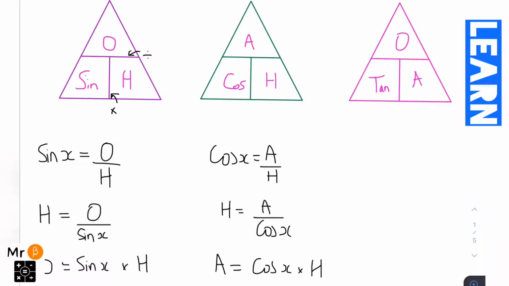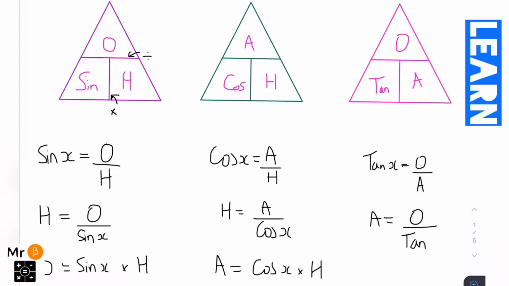And finally, tan of x is equal to my opposite over adjacent. My adjacent is equal to opposite over tan of my angle. And finally, my opposite is equal to tan of my angle times by adjacent.